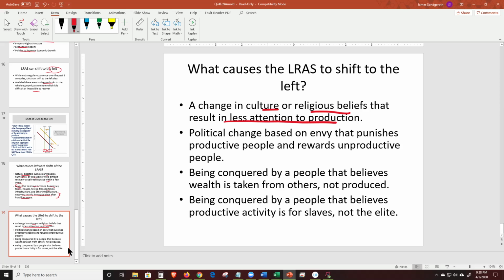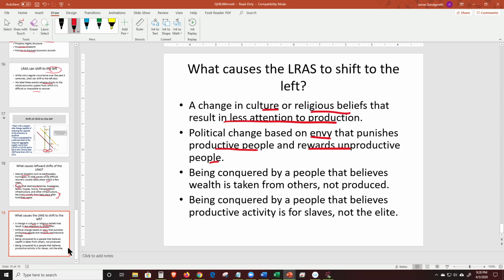A political change based on envy that punishes productive people who earn a lot and takes stuff away from them and rewards unproductive people. This will usually shift the long run aggregate supply curve to the left. Almost any socialist experiment. Just refer to any of those, and you can see that happening.